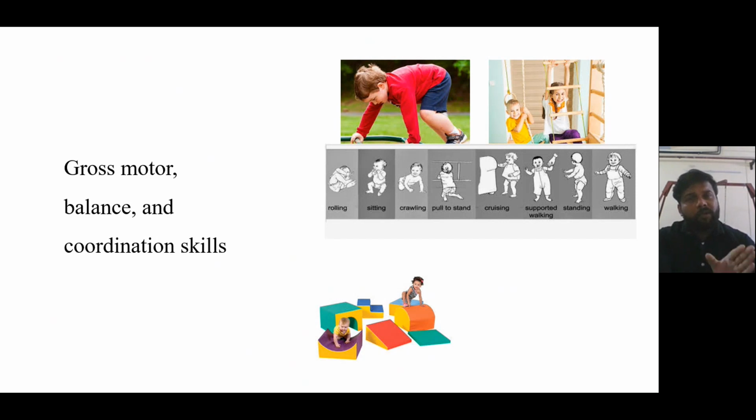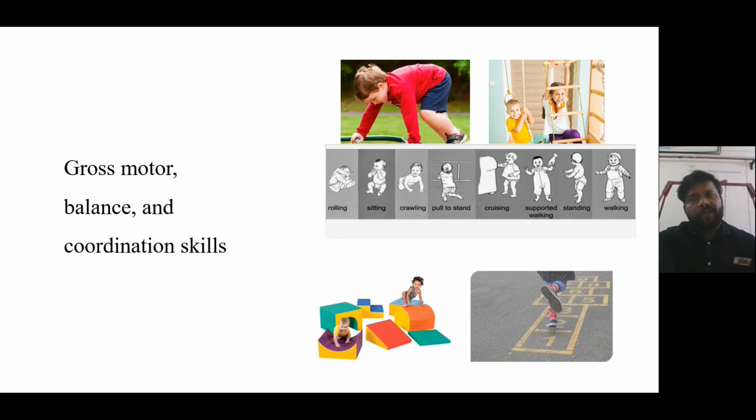So they are slower in their developmental milestones. So we give them various activities related to achieving their gross motor and bilateral skills, like climbing or balancing. You can observe here that different items and tools are used to improve balance and coordination skills.